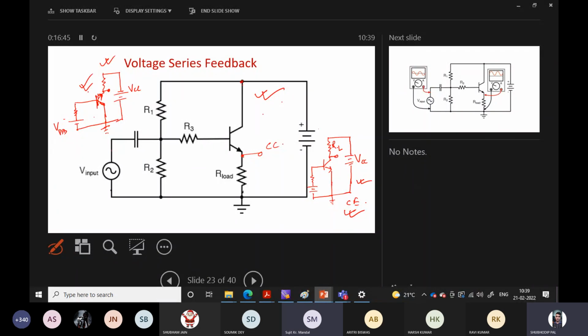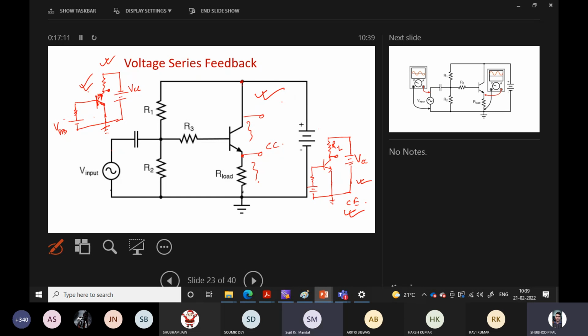Whenever you apply the alternating signal, the voltage drop will appear only across this and this, the output voltage, because this voltage remains the same. If there is any change in output voltage, the total change will appear only across VCE, only across this resistor. Is it clear?